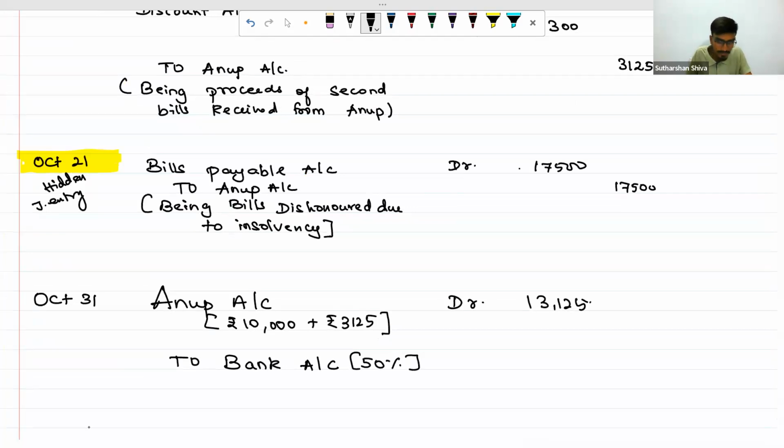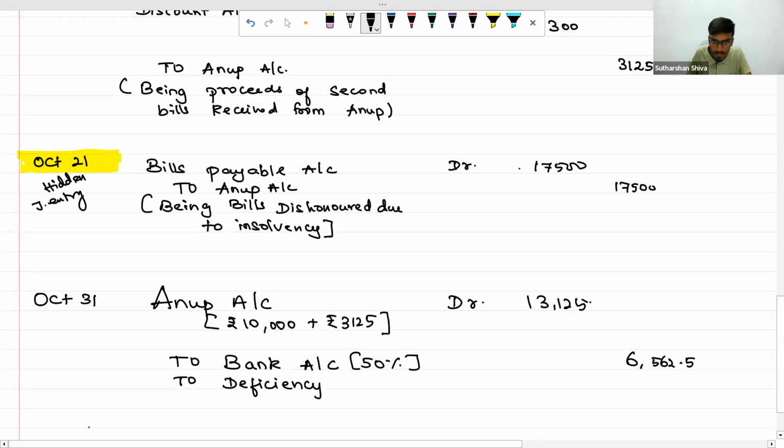What is the value? 6,562.5. Then here it is deficiency. For the other person, in Anup's books, it will become bad debts. From Anup's point of view, it is a bad debt. From the point of view of Suresh, it is a deficiency. It is a gain for Suresh. That is, Suresh needs to pay Anup.